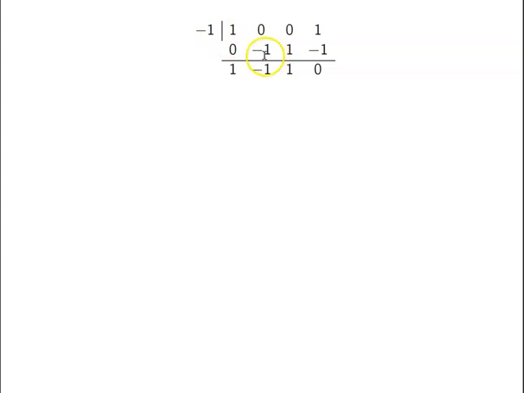So 1 times -1 is -1. 0 plus -1 is -1. -1 times -1 is 1. 0 plus 1 is 1. 1 times -1 is -1. And when I add these together, I get a 0, which is what I want. A 0 at the very end is great. If there was a number here, it means that I failed in what I'm trying to do.